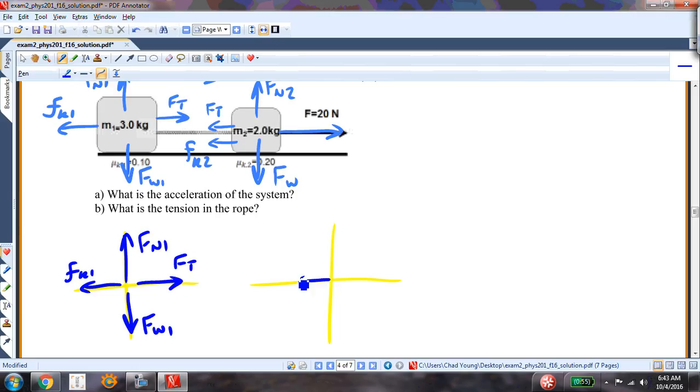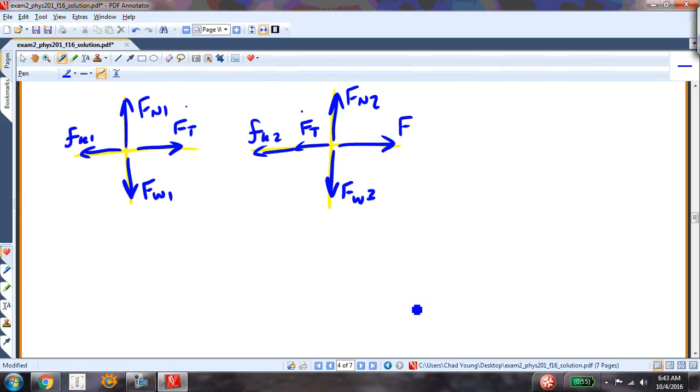And I have Ft, recognizing that these two Ft's are exactly the same, the one here and here, Fk2, and then F over here.